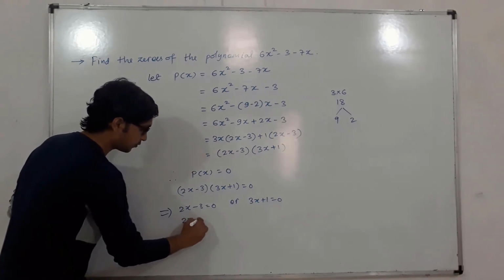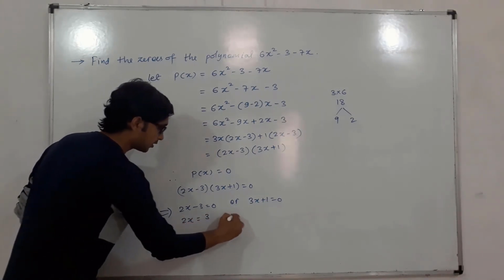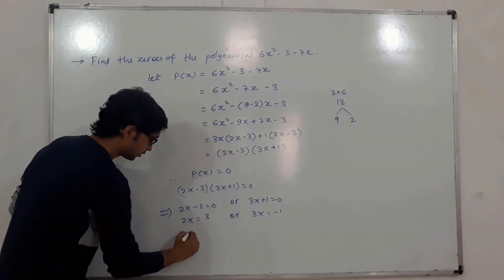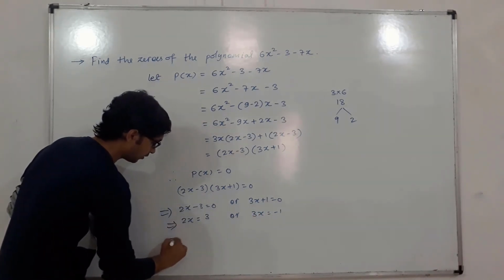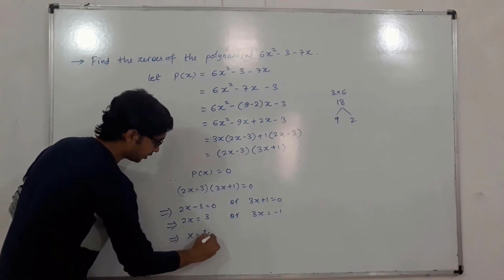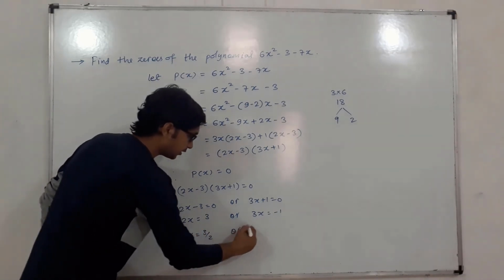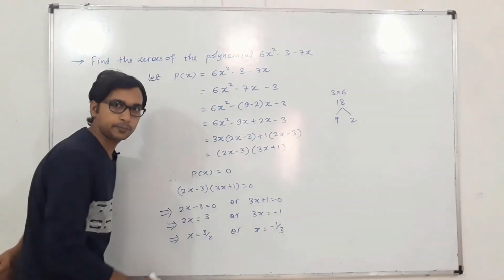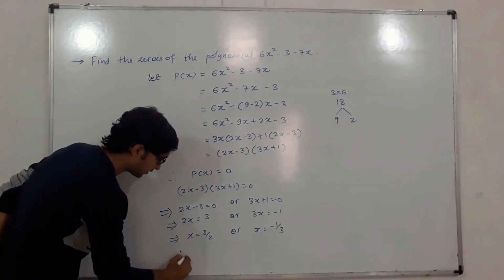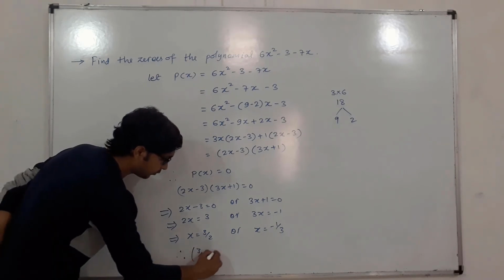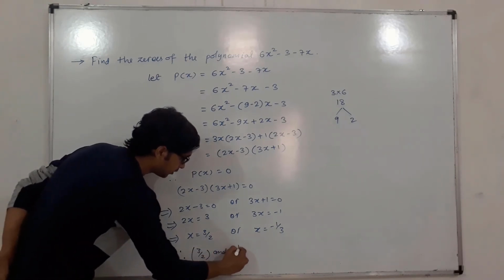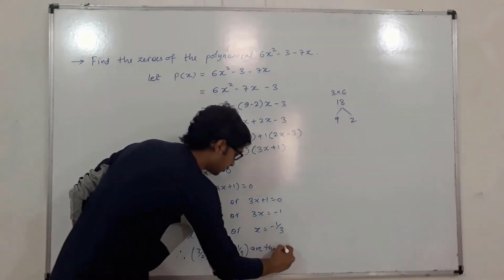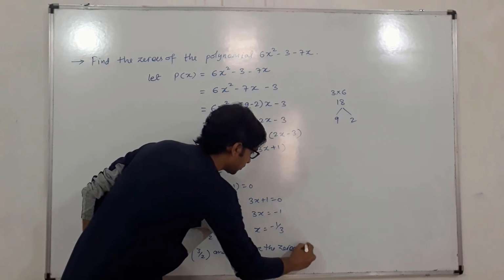So we can write this 2x equals to 3, and here 3x equals to minus 1. So now we can write x equals to 3 upon 2, or x equals to minus 1 upon 3. So therefore we can say that 3 upon 2 and minus 1 upon 3 are the zeros of p of x.